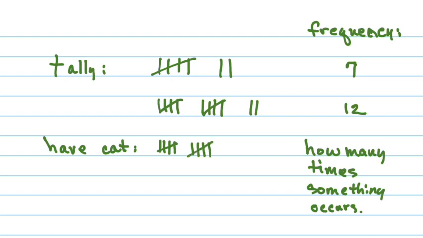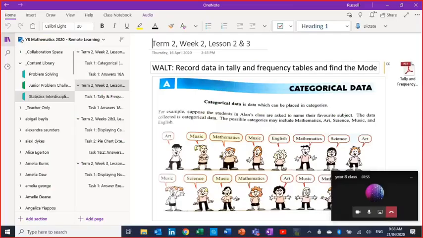There are 20 people in the class, so I'm going to go with about that many. So how many people there have a cat? 13. Okay. How easy is that? All right. And we often do this when we're talking about categorical data, because then we can make comparisons of the data.